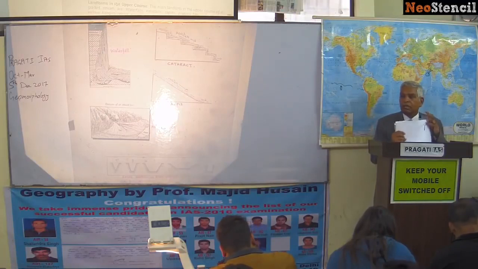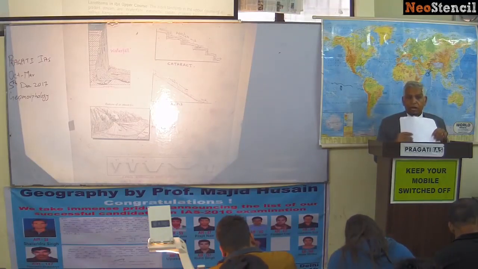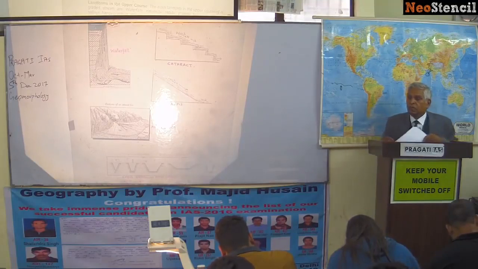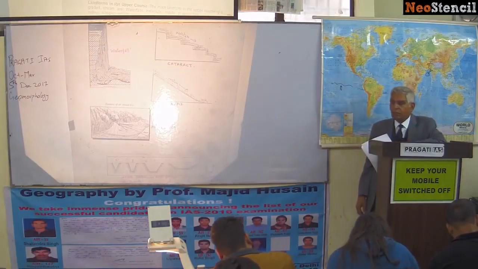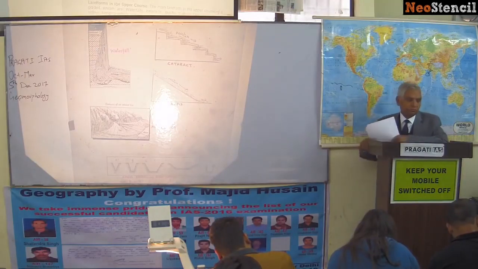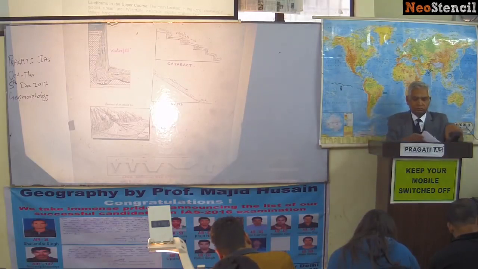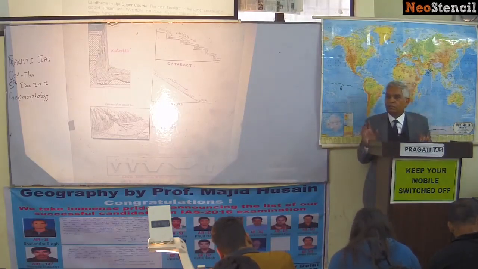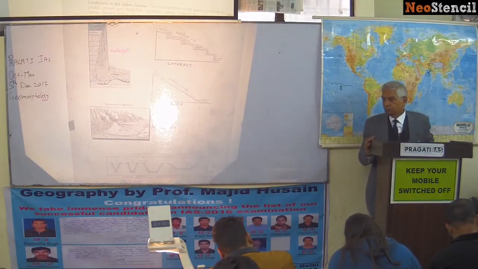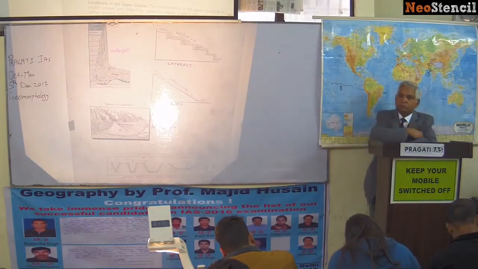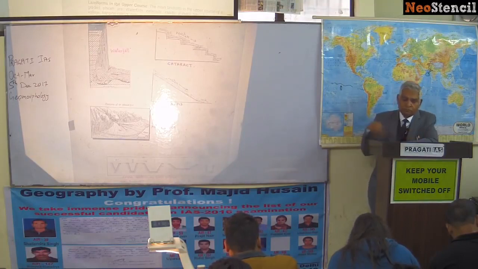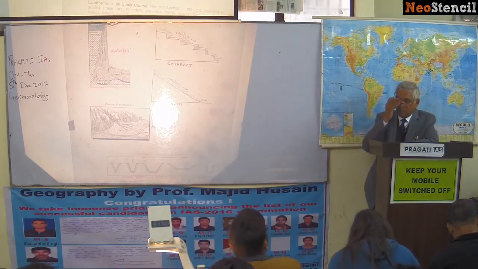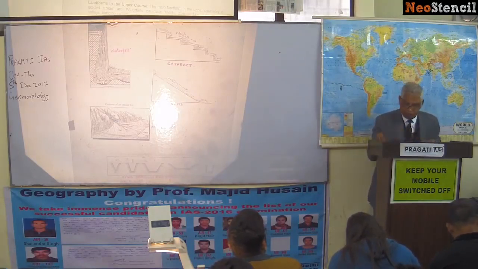Number 2, meandering and development of oxbow lakes. Then number 3, floodplains. Next, natural levees. Next, Yazoo rivers.